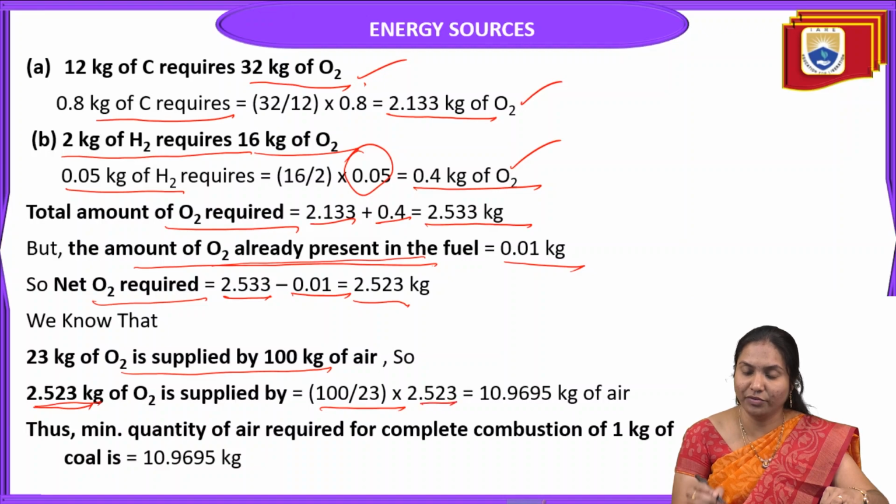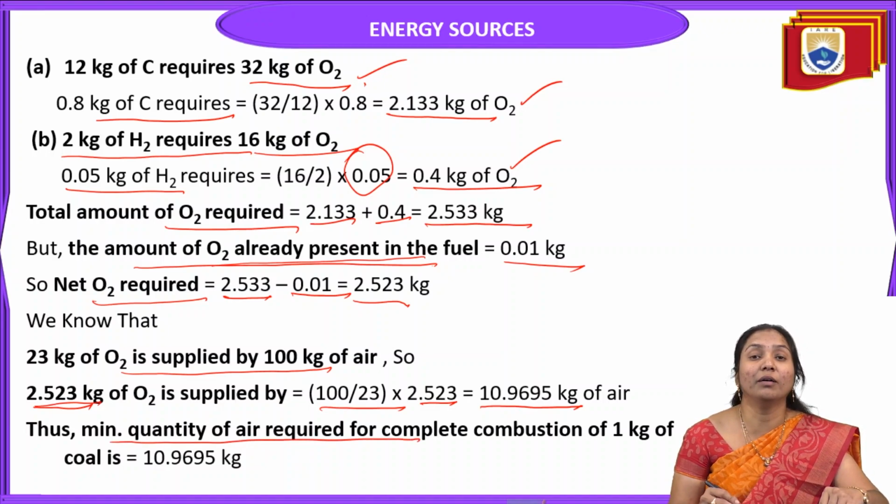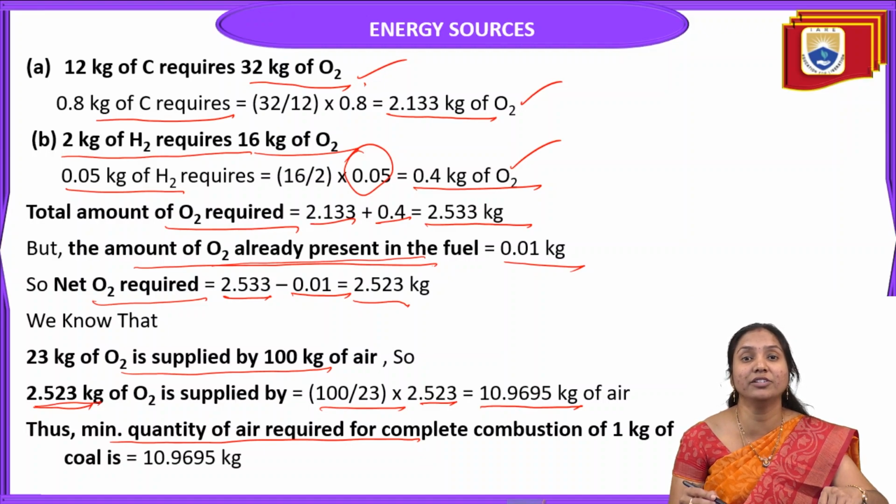Finally you get 10.9695 kilograms of air. So the minimum quantity of air required for complete combustion of 1 kg of fuel is 10.9695 kilograms. In this way you have to calculate how much air is required for complete combustion of fuels.